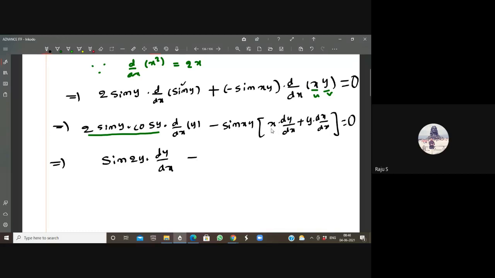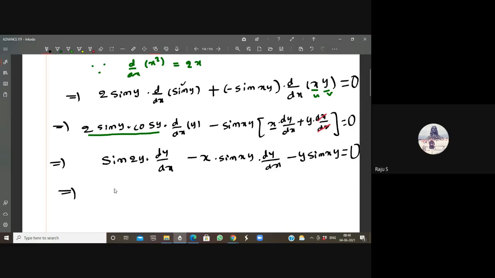Minus, multiply here with minus sine xy: x into sine xy into dy by dx. Next, plus into minus, y sine xy, is equal to 0, because dx by dx value is 1.